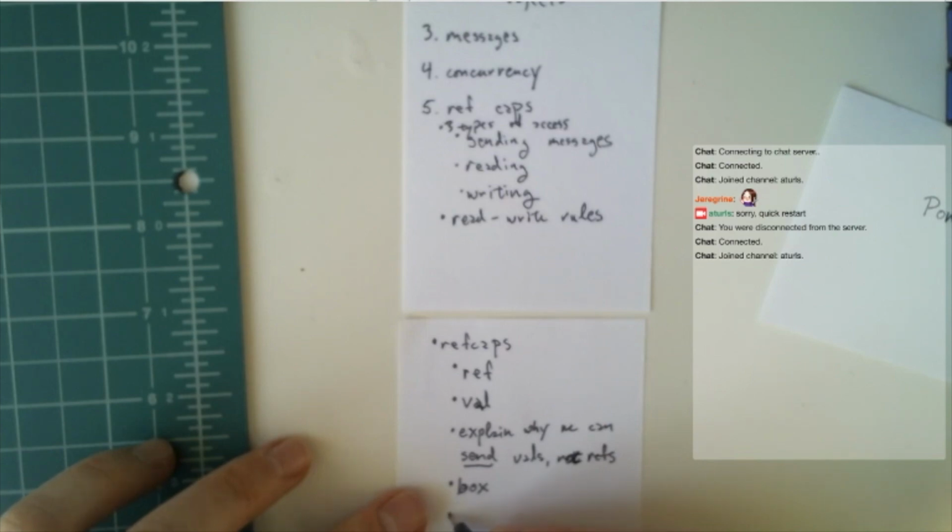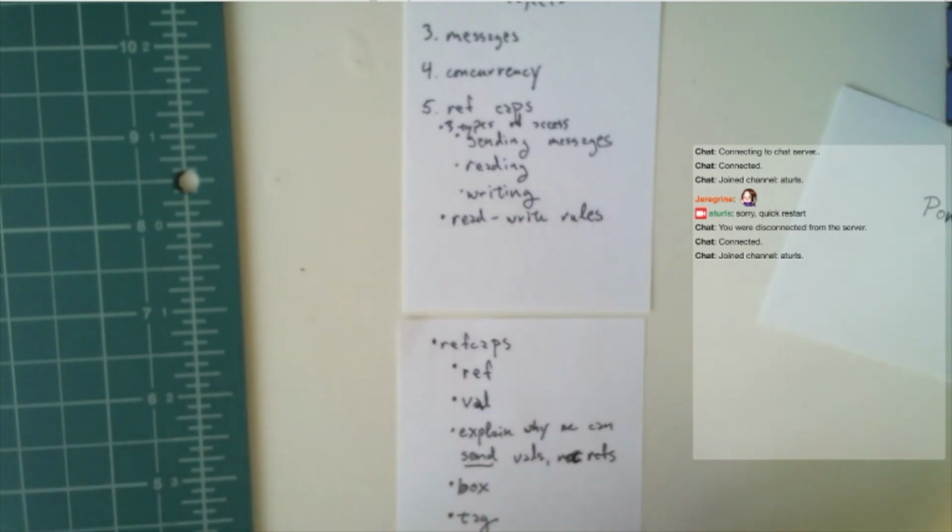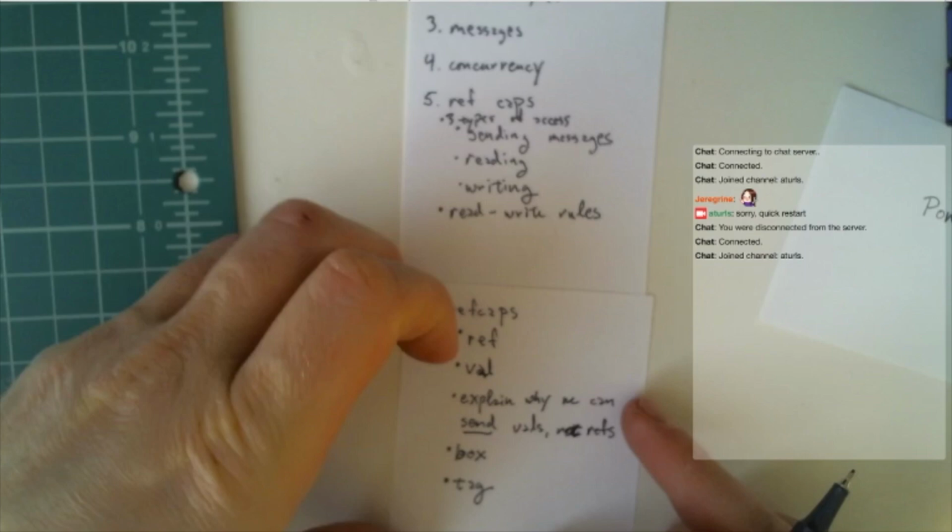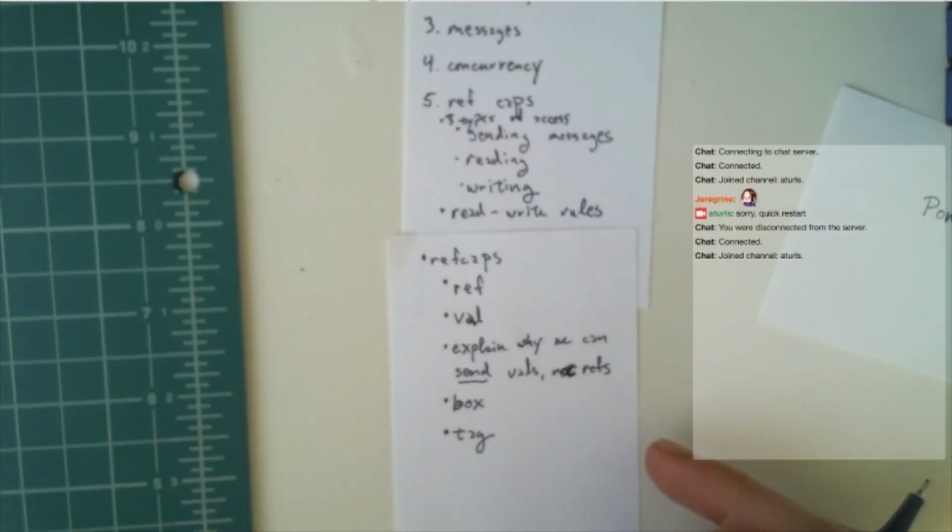Then I want to talk about tag, and talk about the fact that if you have a tag reference to something, you can basically do an identity comparison to another object. And if that tag reference is a reference to an actor, then you can send that actor messages.